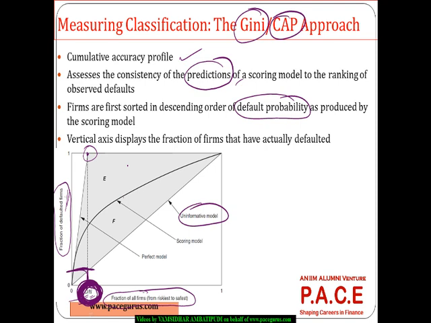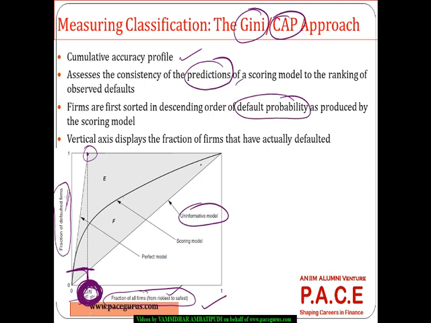The only difference is I am looking at all the firms from the riskiest to the safest, and in reality how many of these firms have defaulted. So this is based on your prediction. I'm going with the fraction of all the firms from the riskiest to the safest, where the probability of default is higher to lower, and I am looking at in reality how many of those firms have actually defaulted. That is what is giving me the accuracy of my scoring model.